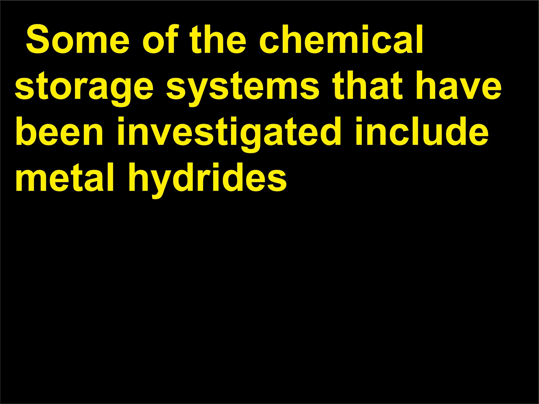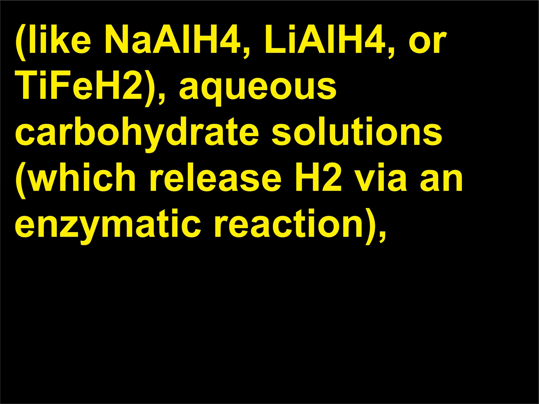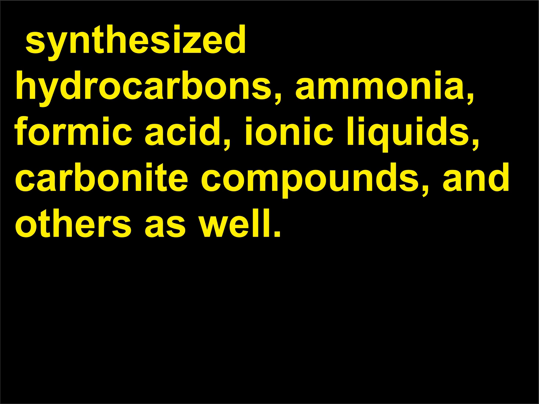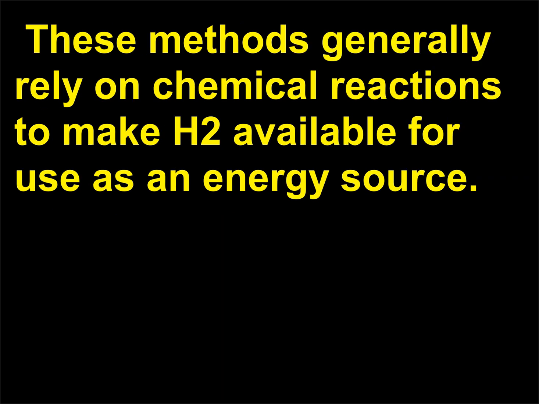Some of the chemical storage systems that have been investigated include metal hydrides, like NaAlH4, LiAlH4, or TiFeH2, aqueous carbohydrate solutions, which release H2 via an enzymatic reaction, synthesized hydrocarbons, ammonia, formic acid, ionic liquids, carbonate compounds, and others as well. These methods generally rely on chemical reactions to make H2 available for use as an energy source.